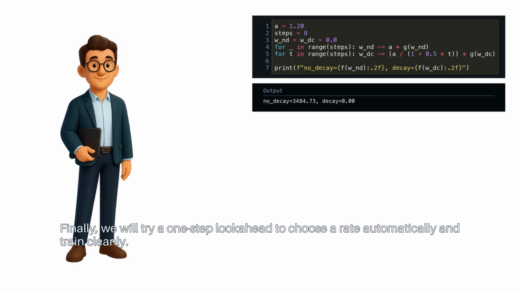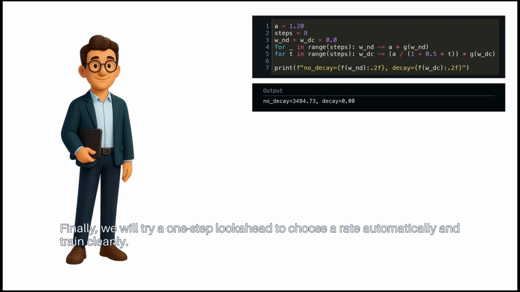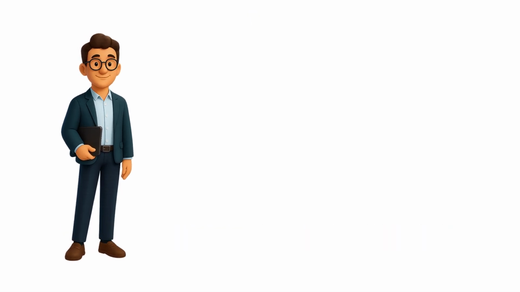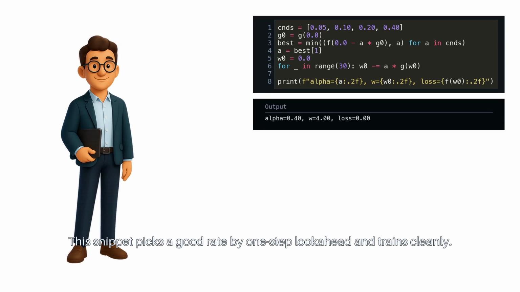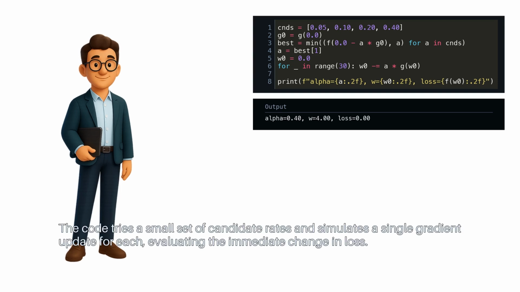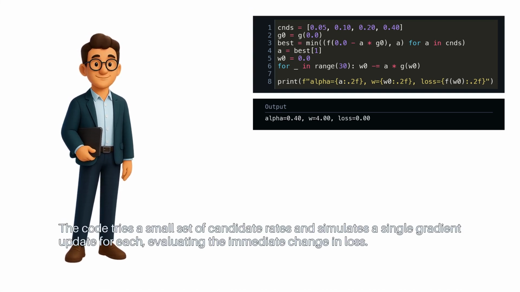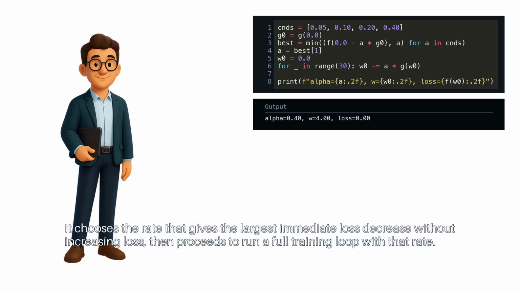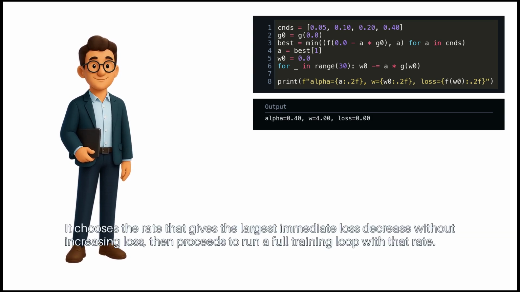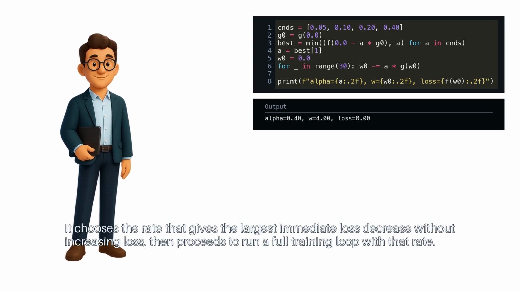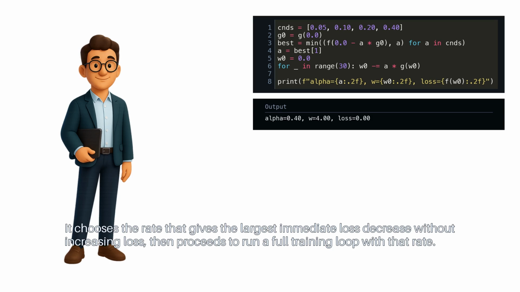Finally, we will try a one-step look-ahead to choose a rate automatically and train cleanly. This snippet picks a good rate by one-step look-ahead and trains cleanly. The code tries a small set of candidate rates and simulates a single gradient update for each, evaluating the immediate change in loss. It chooses the rate that gives the largest immediate loss decrease without increasing loss, then proceeds to run a full training loop with that rate.